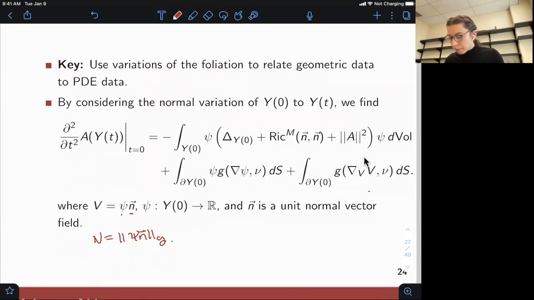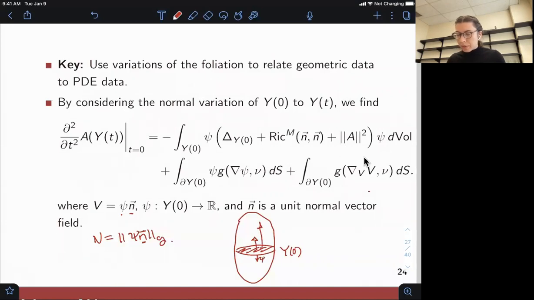So let me draw a little picture. Let's say I consider one surface here. Let's even call this y0, as I did in this section. Here is the unit normal to the surface. And let's say how fast I move through with this foliation. Maybe I move not so fast, so I only move a little bit up. That would be a scaling of this normal vector field, so that would be one particular psi.